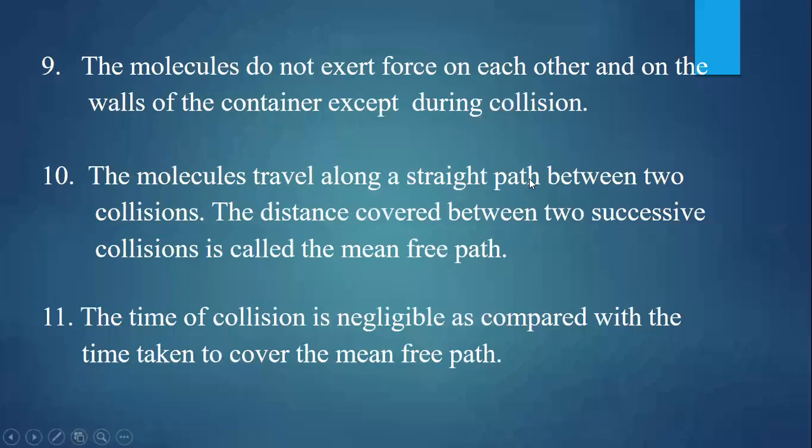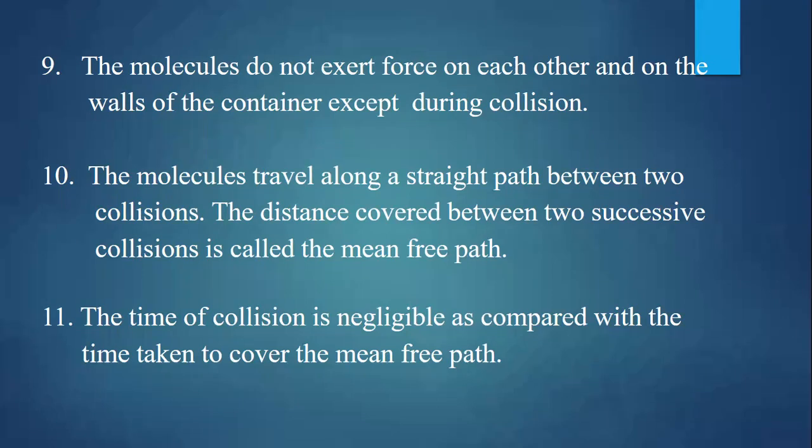So molecules travel along a straight path between two collisions. The distance covered between two successive collisions is called the mean free path. This is very important. During their motion, the total distance covered from one collision to the next collision, between two successive collisions, is called the mean free path.